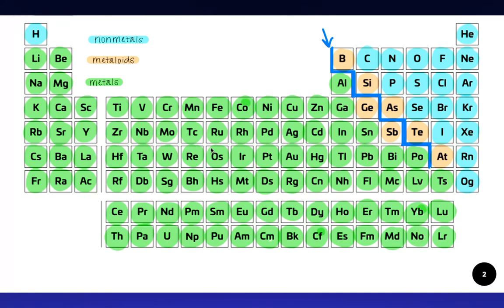And along that diagonal line, that's where the metalloids exist. It's going to be important that you know where the nonmetals, metals, and metalloids are, because that determines the type of bond in the molecule.